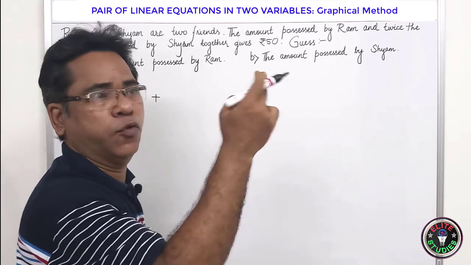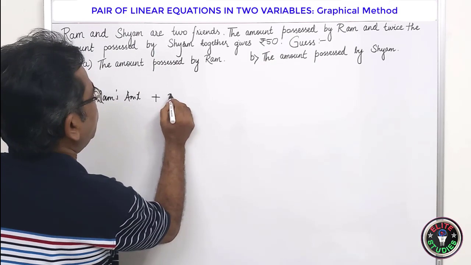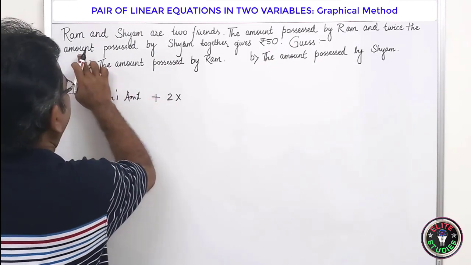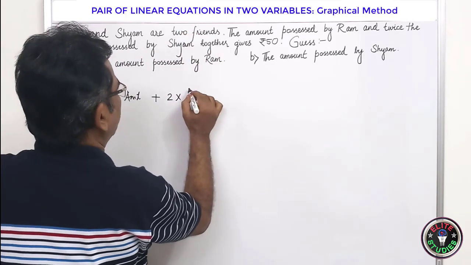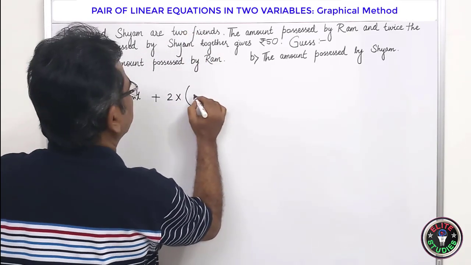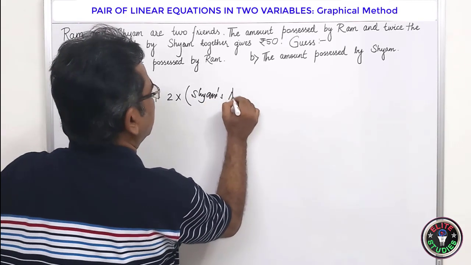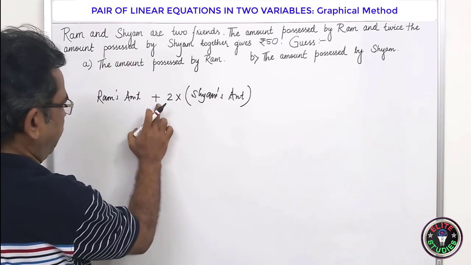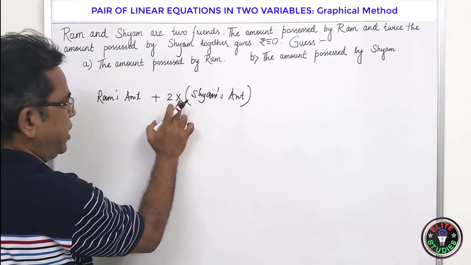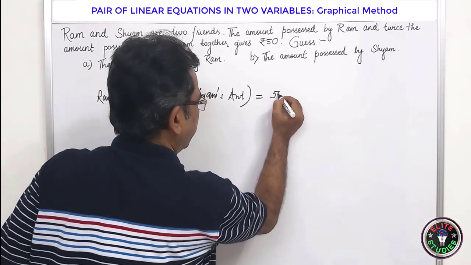Thrice means 3 into. 4 times, 4 into. So twice means 2 into the amount possessed by Shyam, so it is Shyam's amount. Ram's amount plus twice the Shyam's amount together gives 50.